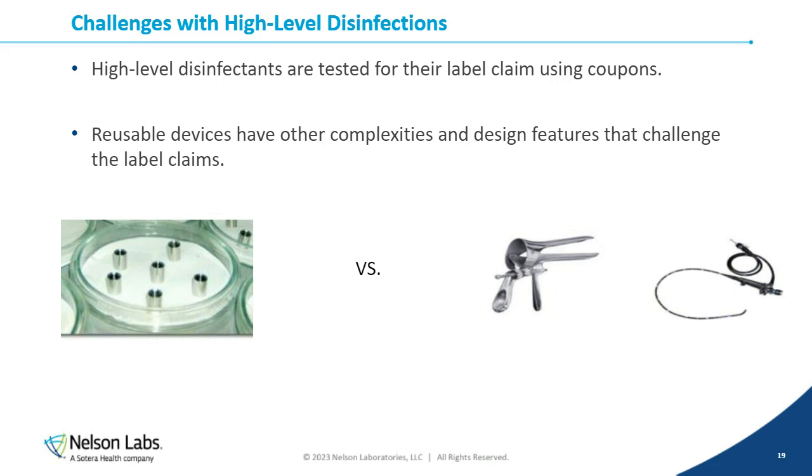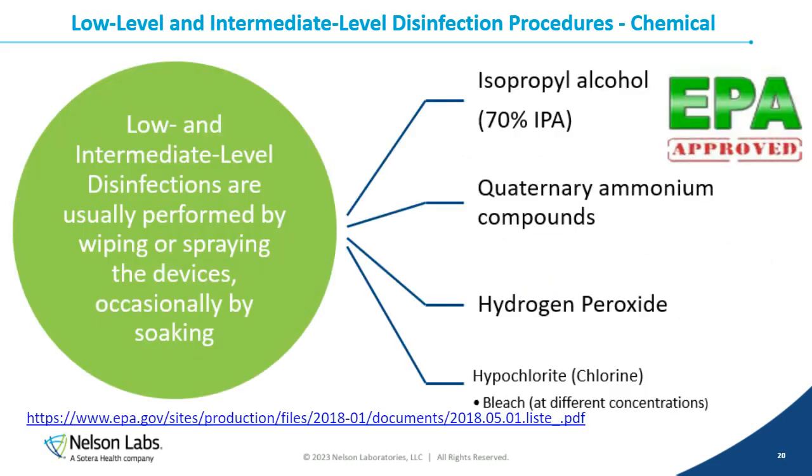If you are doing a low-level or intermediate-level disinfection procedure, you're going to choose a low-level or intermediate-level disinfectant, and these are products that are commonly pre-saturated wipes that you'll wipe your device with. Occasionally, these are products that are sprays that you'll spray onto your device. There are some low-level or intermediate-level disinfectants that require you to soak the device, but that is pretty rare.